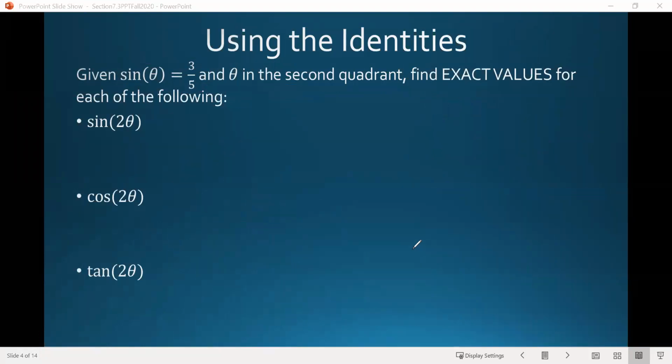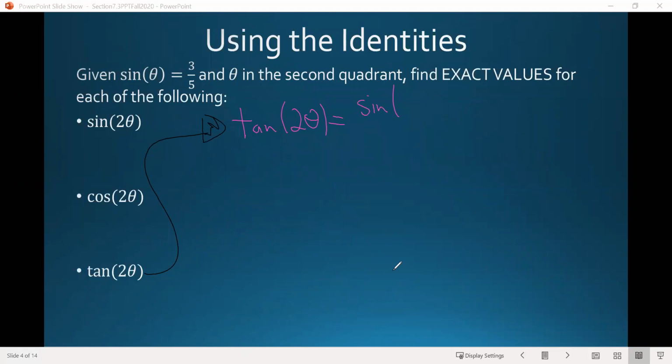Okay, to find the tangent now. Well, if you recall on that previous slide, there was no identity for tangent of 2 theta. But recall we have this handy dandy identity for tangent that always works. You know, the tangent can be written as sine over cosine.